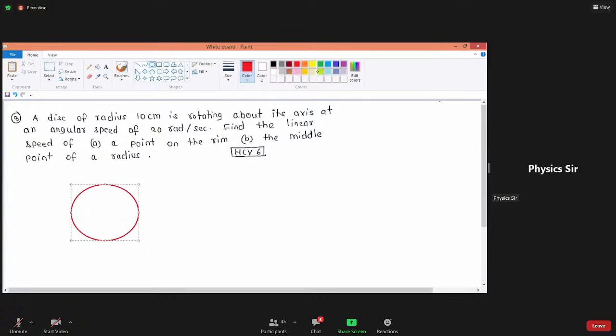You can think that this is the disc. What is the radius of the disk? The radius means the distance from the center to this point.